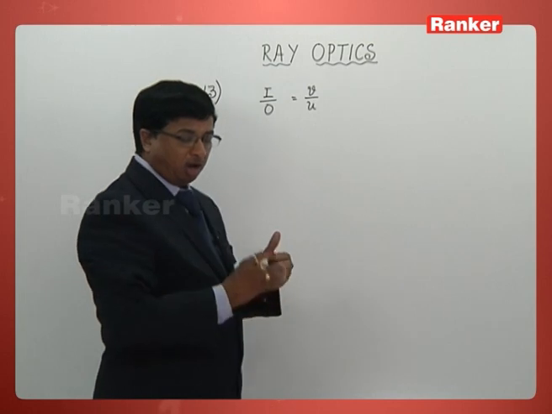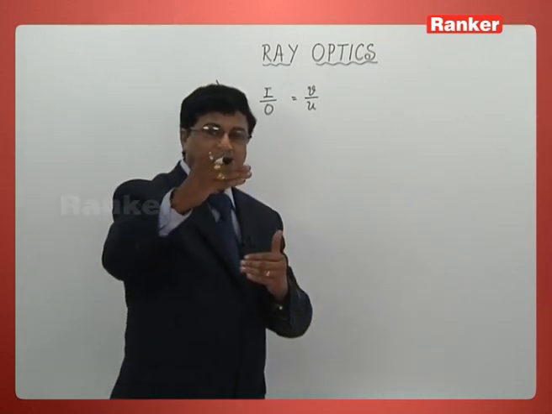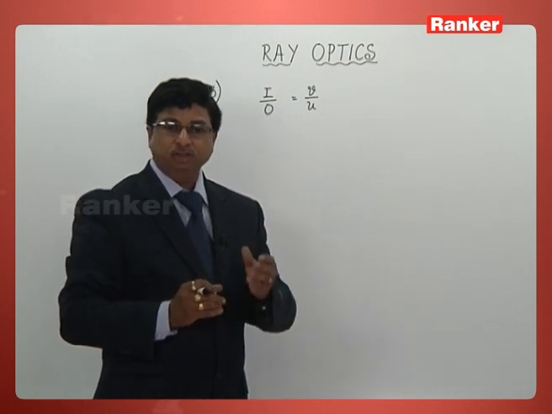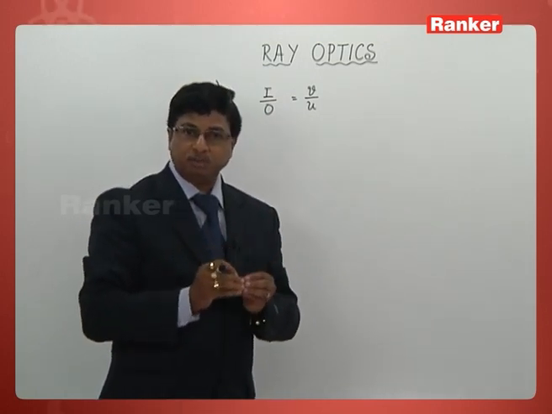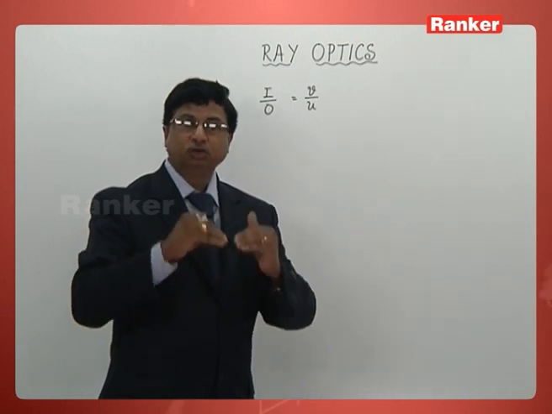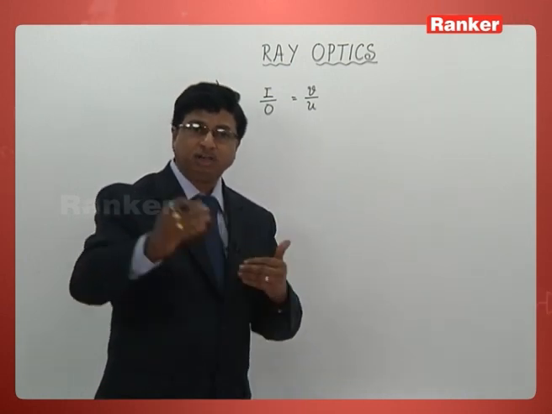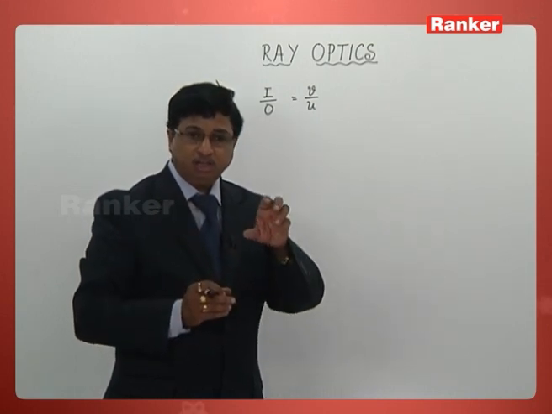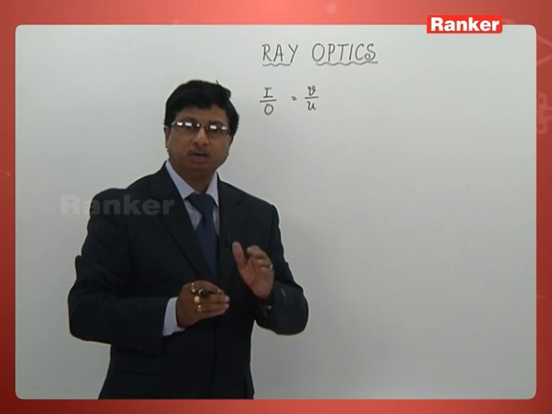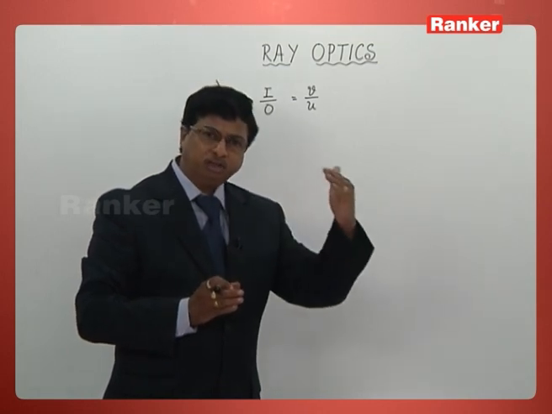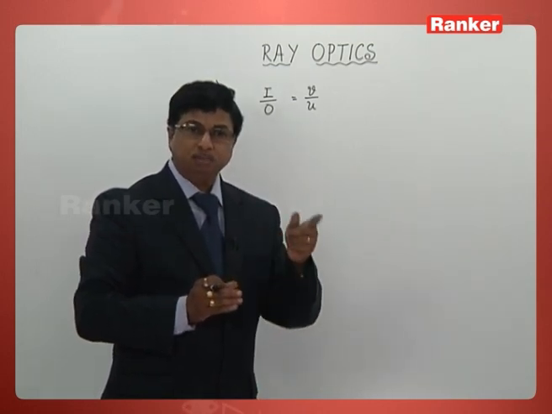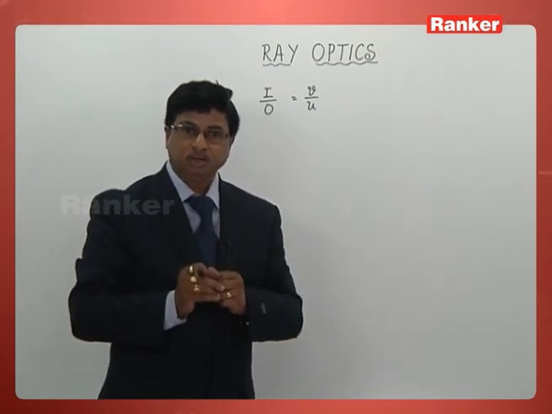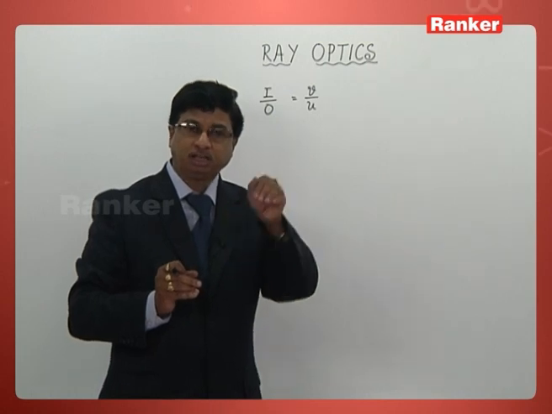Now, object is almost at infinite distance, we are talking of the sun. Even though he is mentioning the average distance is so much, for us such a huge number can be taken as infinity. Then where will the image be formed? When object is at a very large distance, the image is going to be formed very close to the focus, or nearby focus, or right at the focus also.